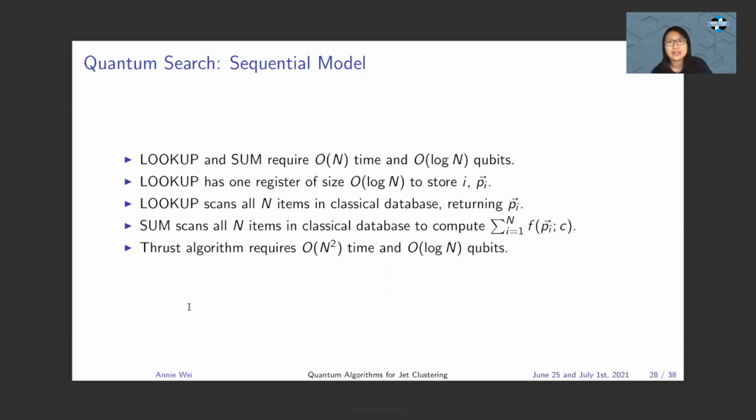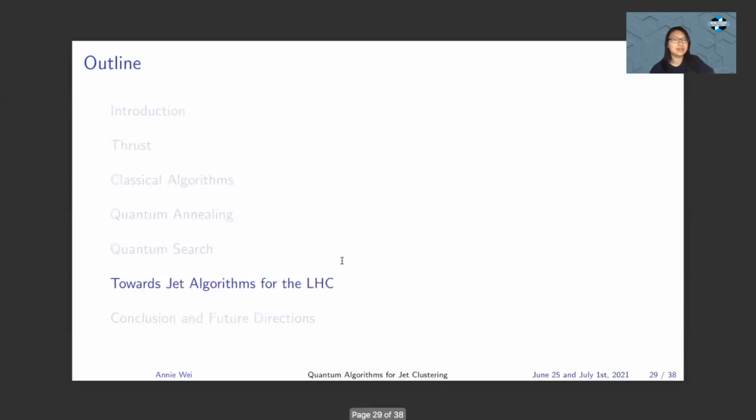The log n qubits comes from the fact that we have n items in the database, and writing down the numbers 1 through n takes log n bits. The O(n) lookup and sum time comes from having to scan each of the items in the database for each of these operations, so we go through all n of them. And so the total algorithm requires O(n^2) time and O(log n) qubits.